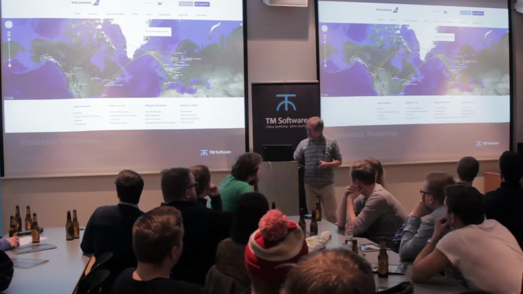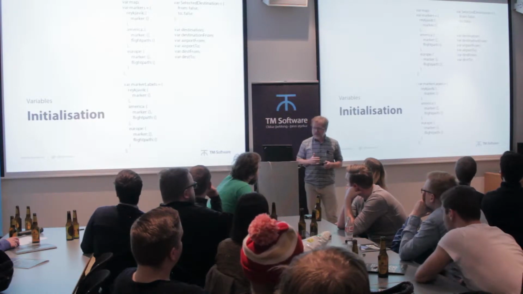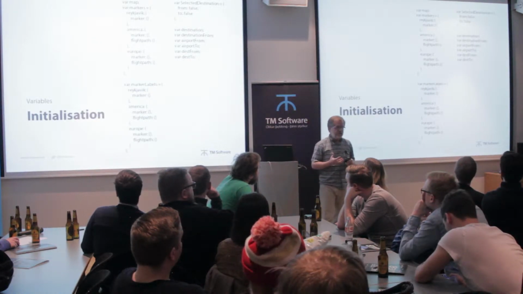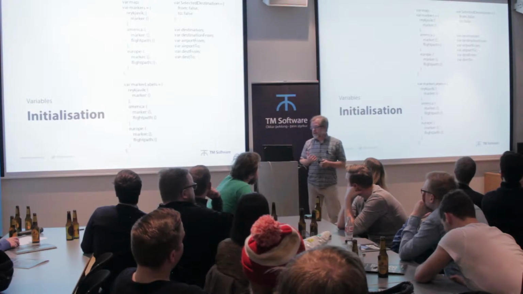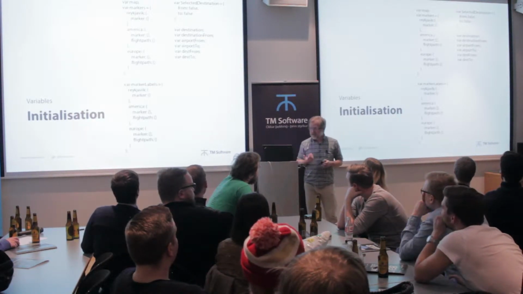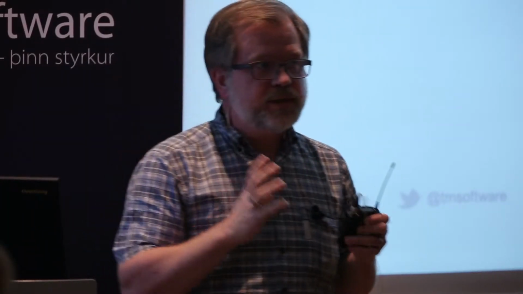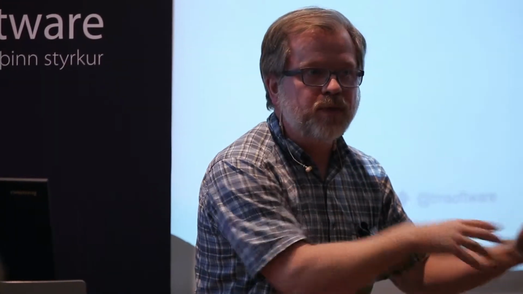How we did it, I'm going to launch into the code here. It's essentially a whole bunch of variables that we set up, and we initialized the app with setting up the map. We set up the markers. We had to do it a particular way because of the way you click on one side of the map, and then half of the route shows, and then you click on the other half, and then the other half of the route shows.